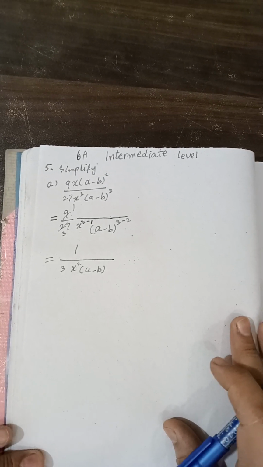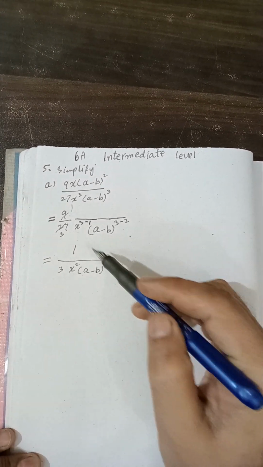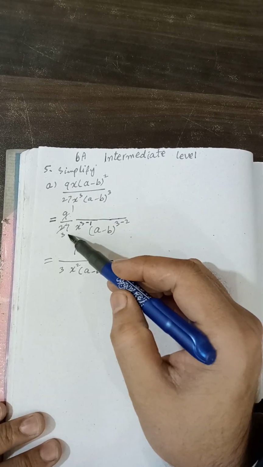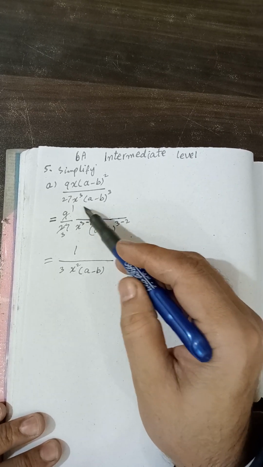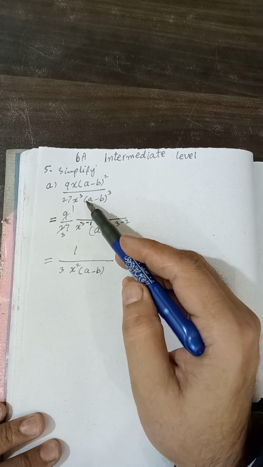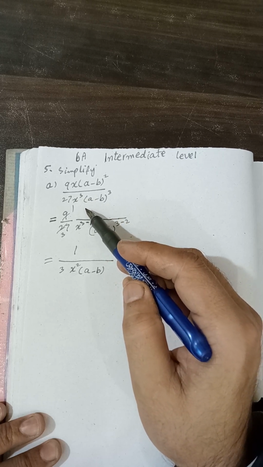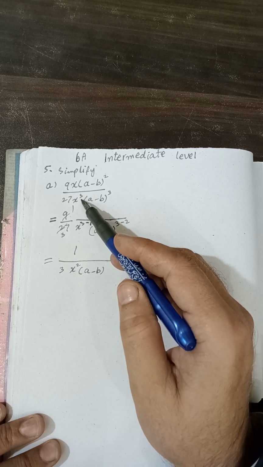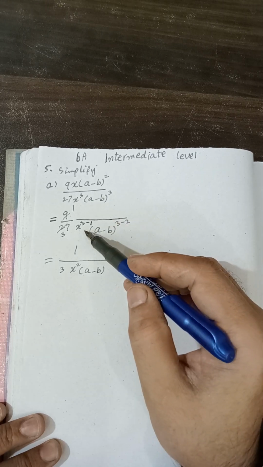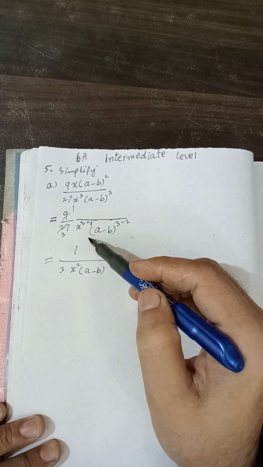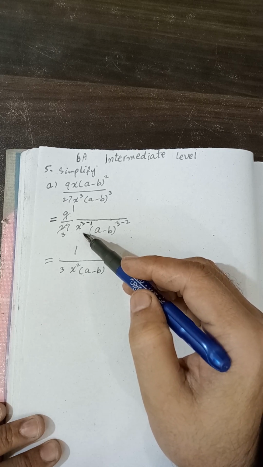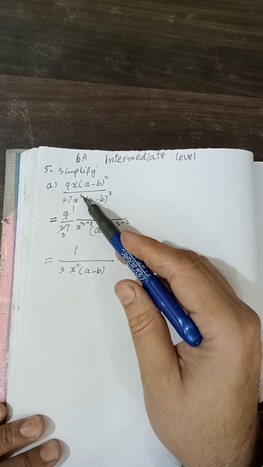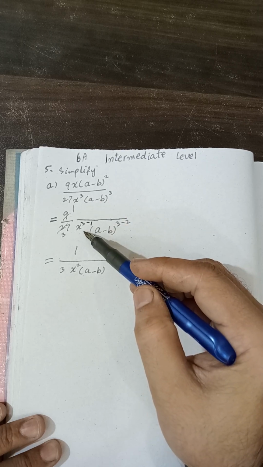See it again, dear student. I have separated 9 over 27, and then the other portion that was the algebraic expression, and x³ was the greater power, and I have to get positive power, therefore if I carry it to the numerator it will become negative, so bring the lower power toward the higher power.